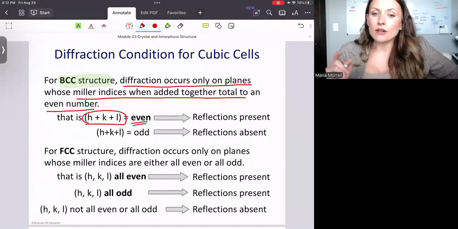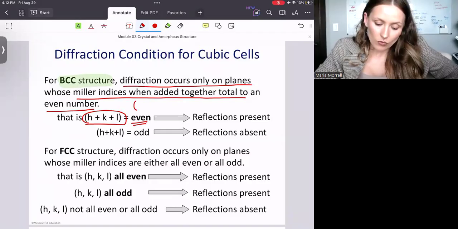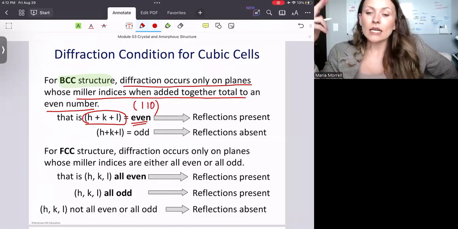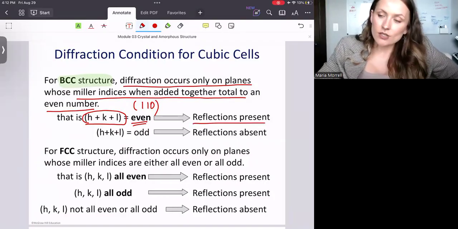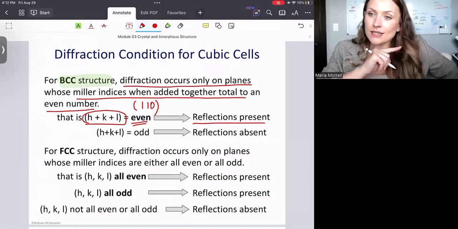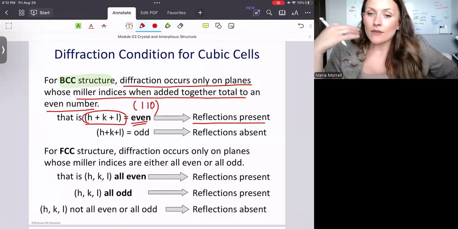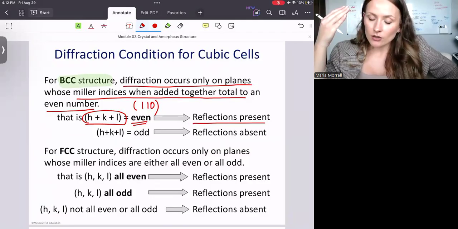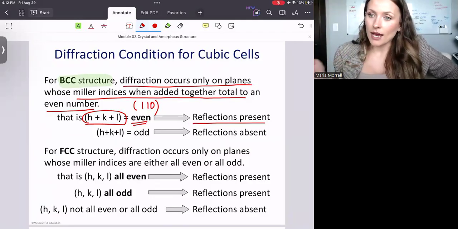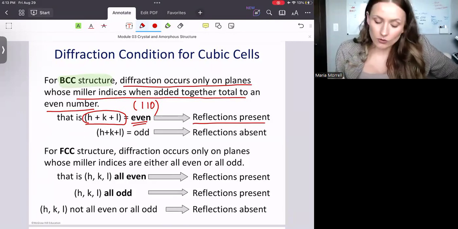Let me give you an example: 1, 1, 0, because 1 plus 1 gives me 2. It is even, which means the reflections are present. But if I have 1, 1, 1, then in a BCC material you won't see any diffraction. The reflection from the 1, 1, 1 plane is going to be absent, per this rule.